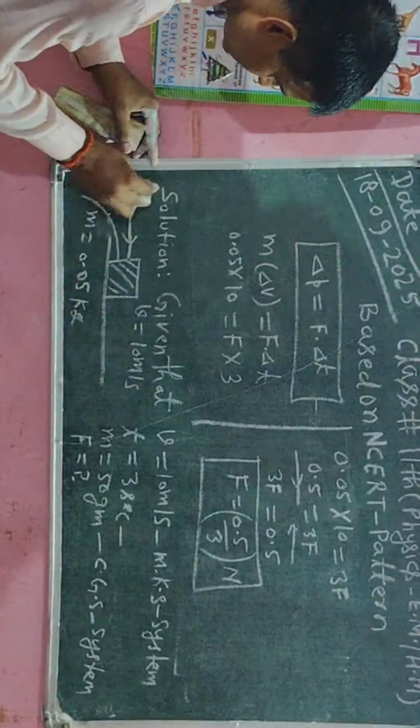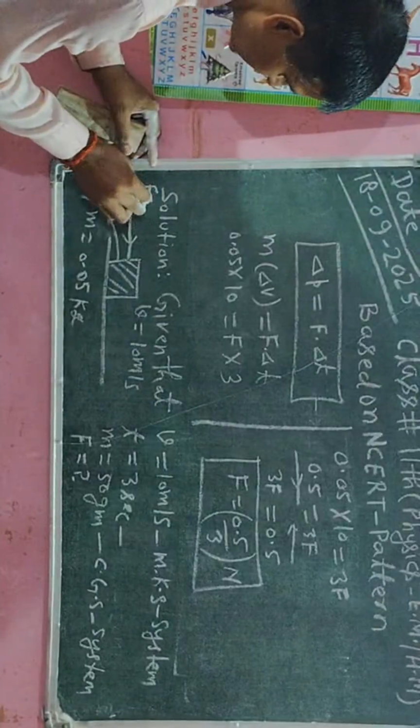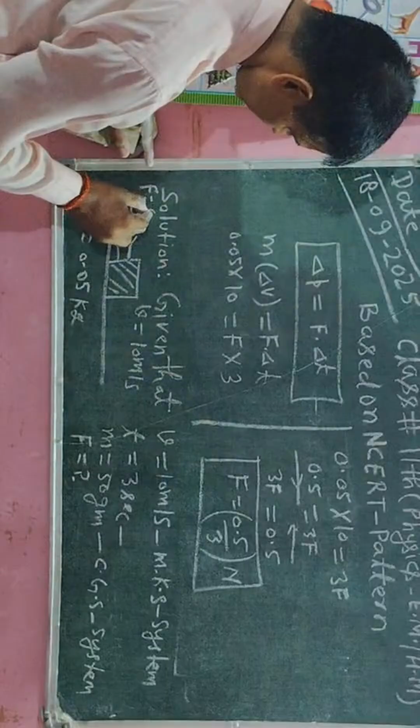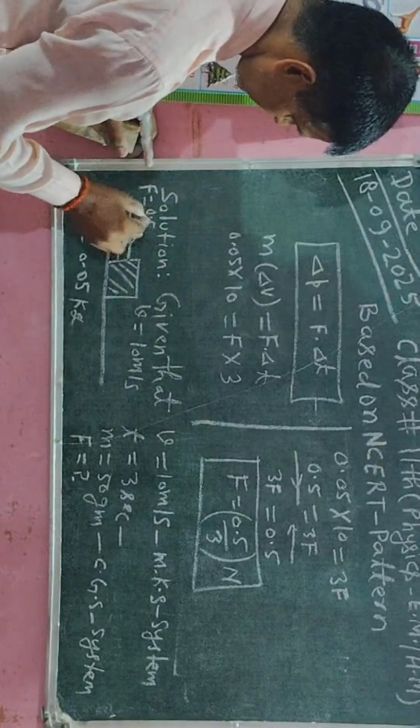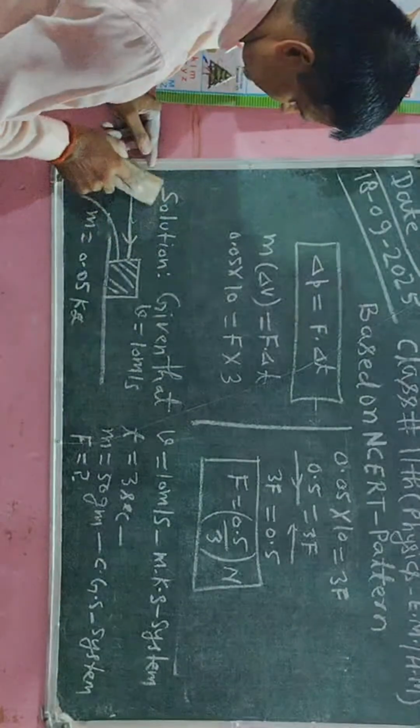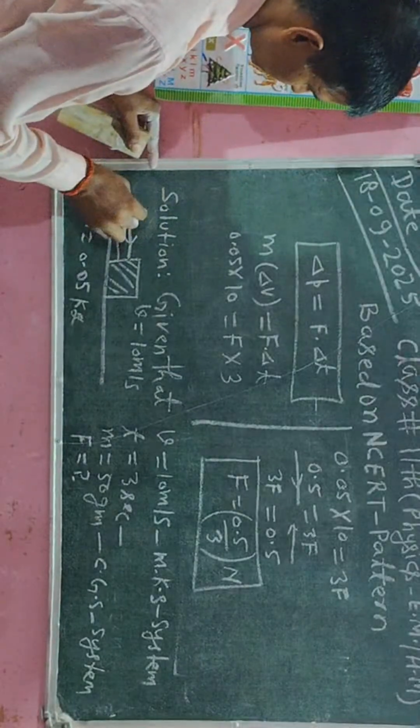And this value of F after calculating, I have got this value 0.5 divided by 3.